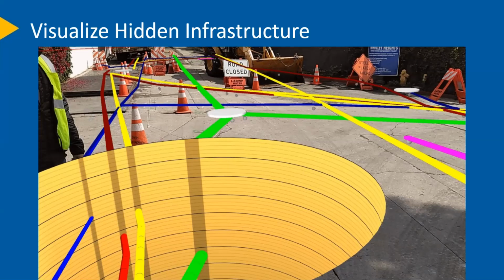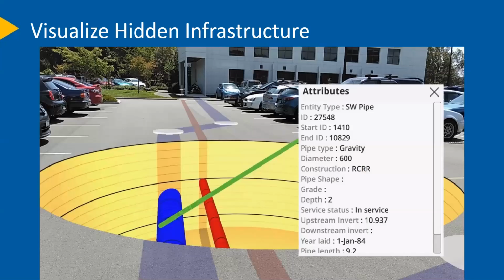In addition to just visualizing the hidden infrastructure, and I hinted to this before, attribution is a massive component of what Sight Vision and augmented reality is capable of. So not only visualizing it, but identifying what it is and gathering the information and displaying it to the user for even greater understanding about what's there.